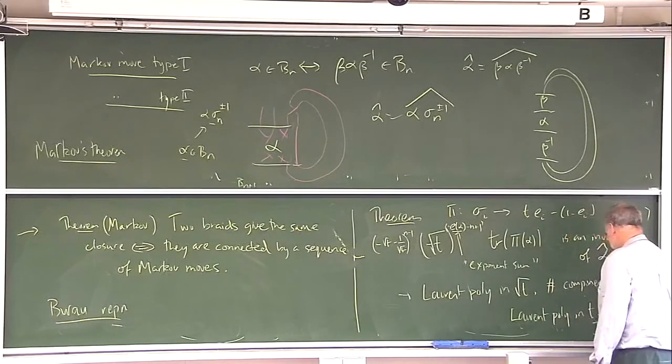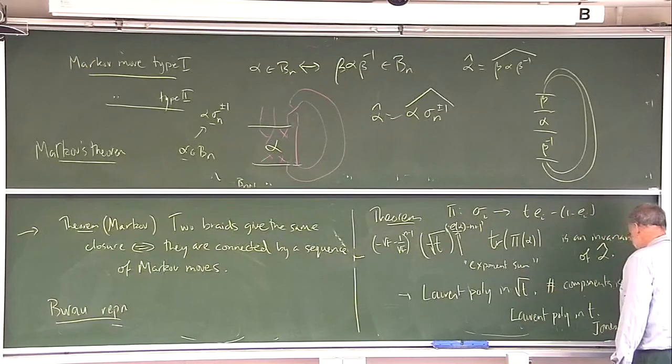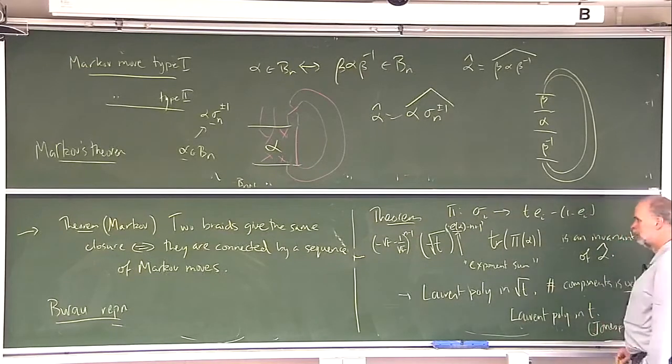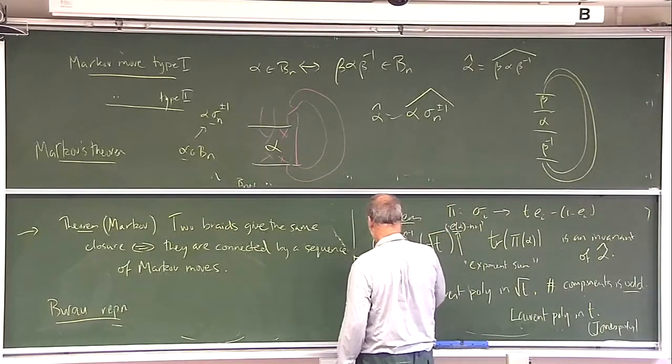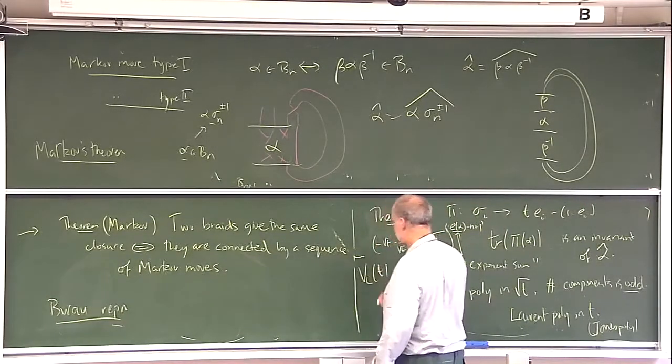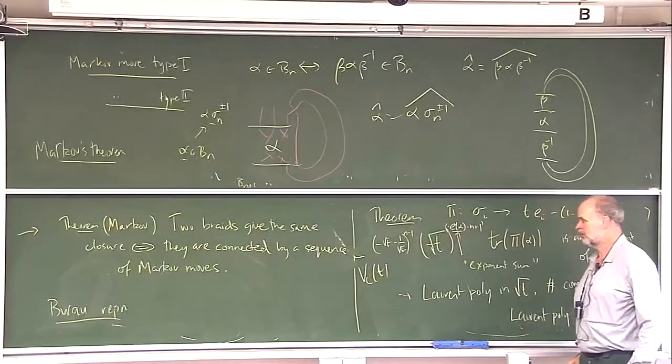It's called the Jones polynomial nowadays. Now I write it V_L(t). V is supposed to be for von Neumann, because the whole thing goes straight back to von Neumann.